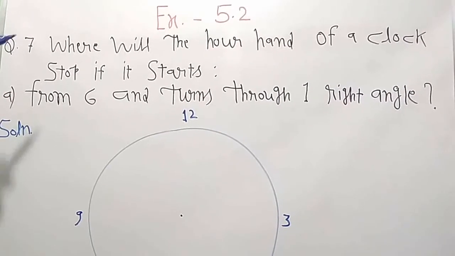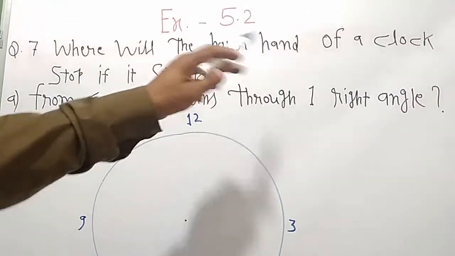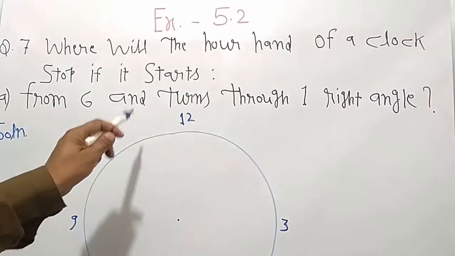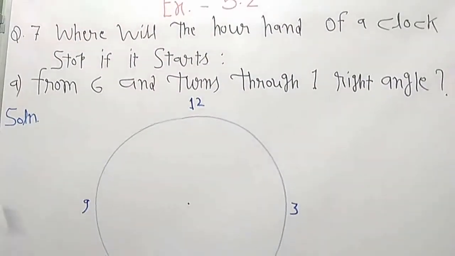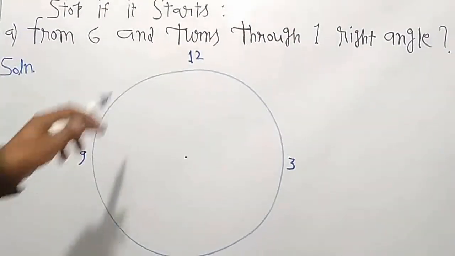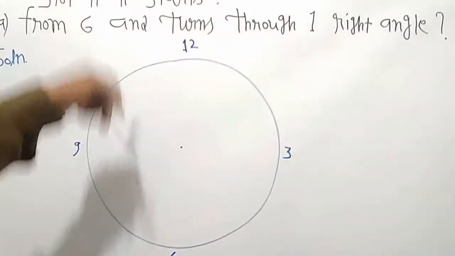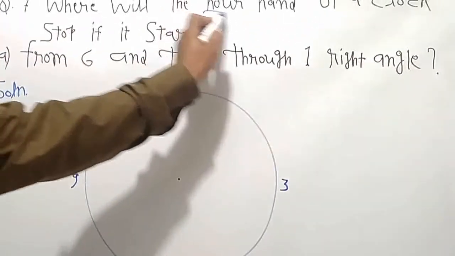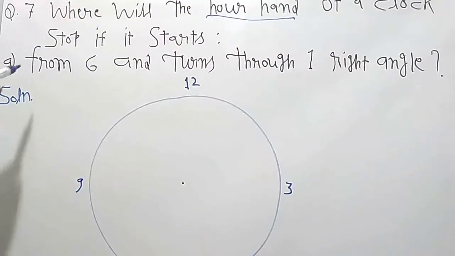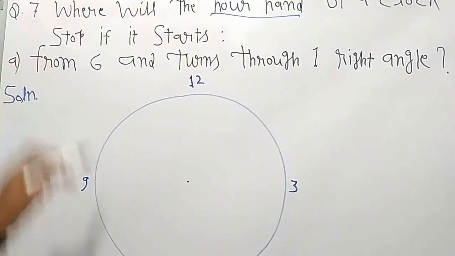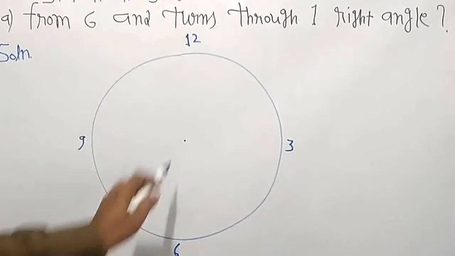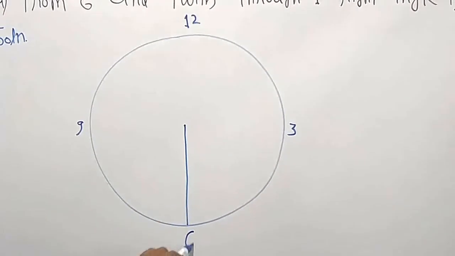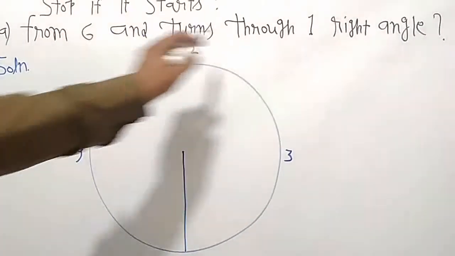Question number 7. Where will the hour hand of a clock stop if it starts, part A, from 6 and turns through one right angle? For solving this question, first we draw the clock. This is the clock in which the hour hand is moving. Initially it is situated at 6. And it turns through one right angle.